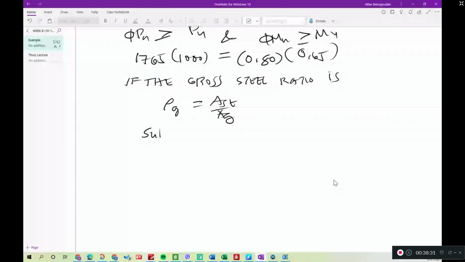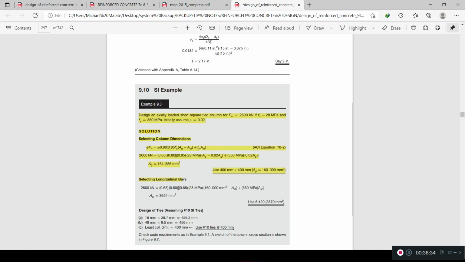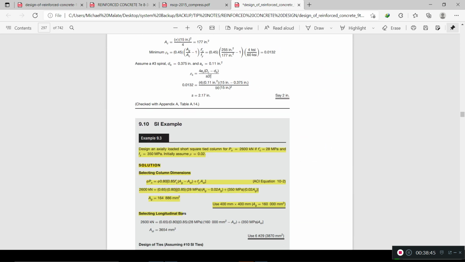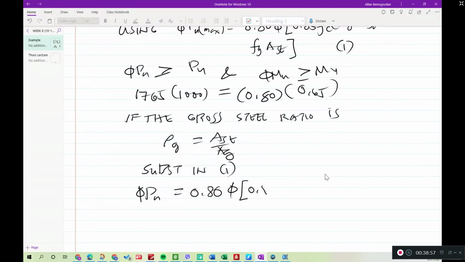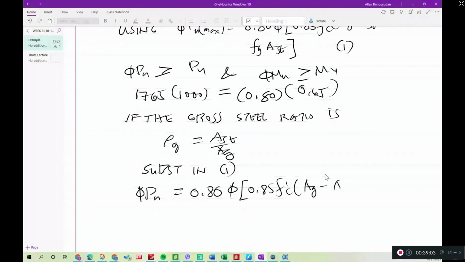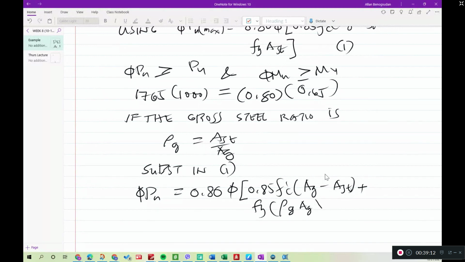Then substituting equation 1, it's equal to 0.80 P, 0.85 f'c times (Ag minus Ast) plus fy times rho g times Ag.